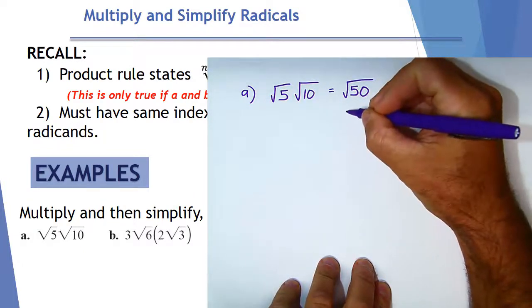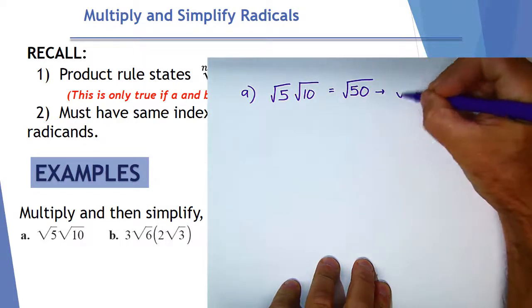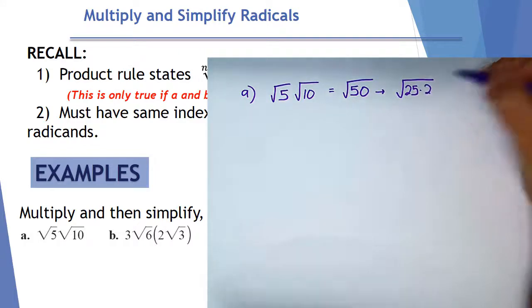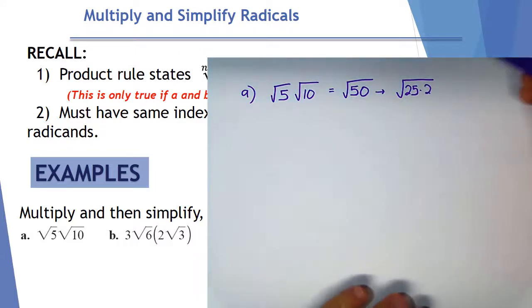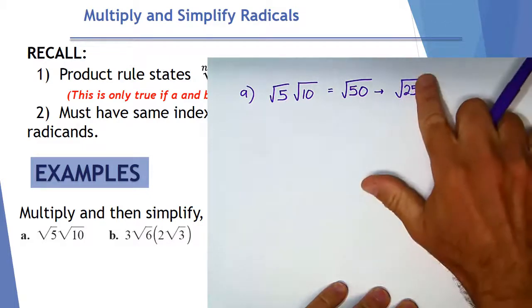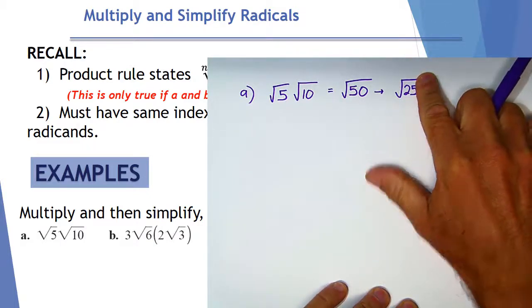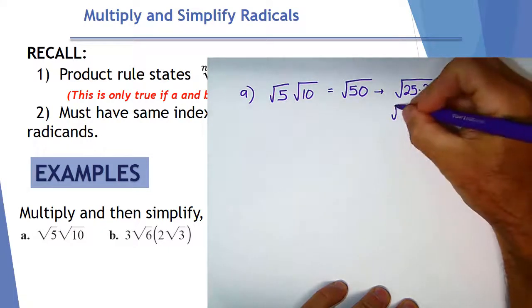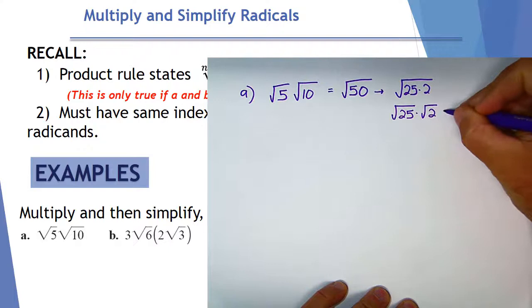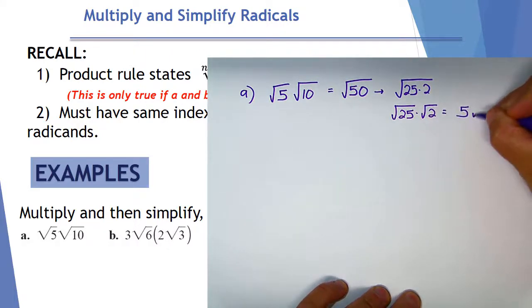That is to say, we can break that back up into the square root of 25 times 2. Do you see the advantage of writing that as 25 times 2 instead of 5 times 10? Because you know what the square root of 25 is. That is to say, that is the square root of 25 times the square root of 2, which becomes 5 times the square root of 2.